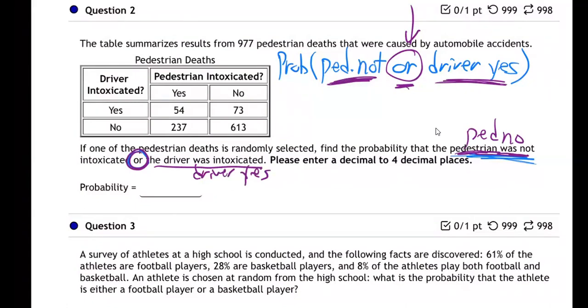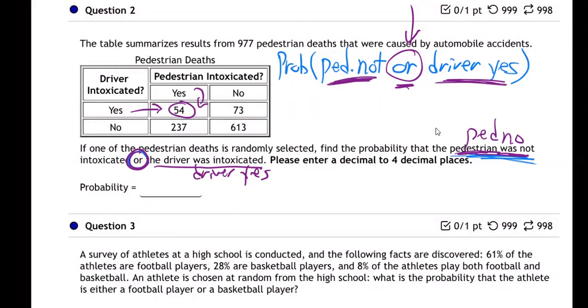Okay, here we go. So talk to me. What about these 54? Are they in? What do we know about these 54 people? The driver and the pedestrian were both intoxicated, right? In those 54 accidents, both the driver was intoxicated and the pedestrian was intoxicated.